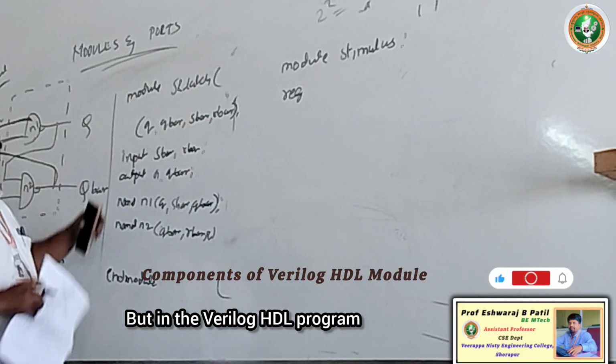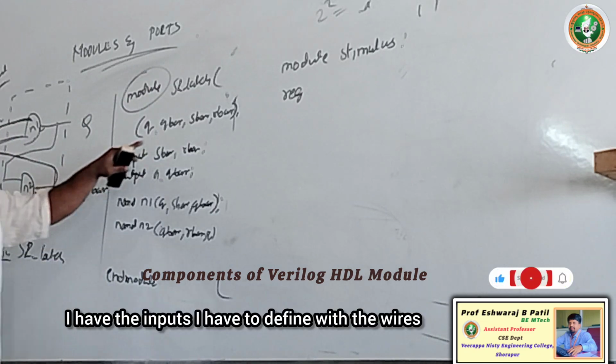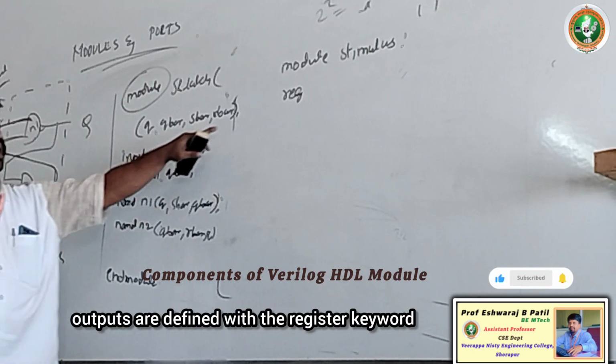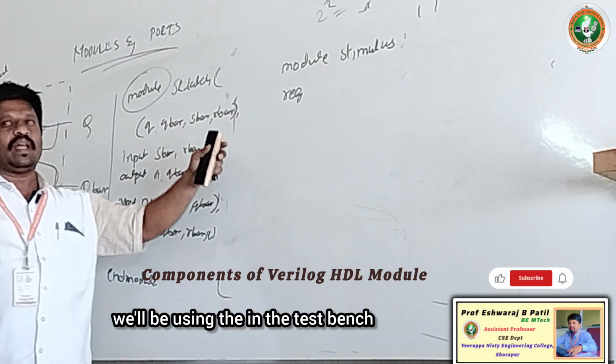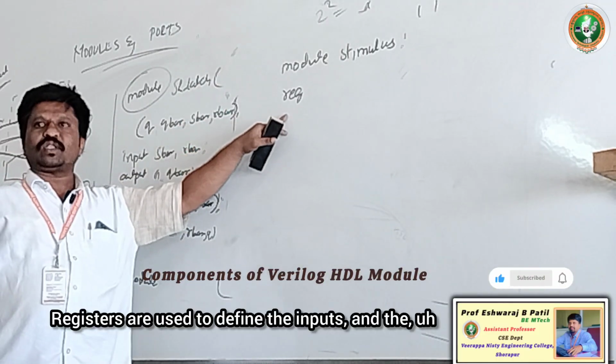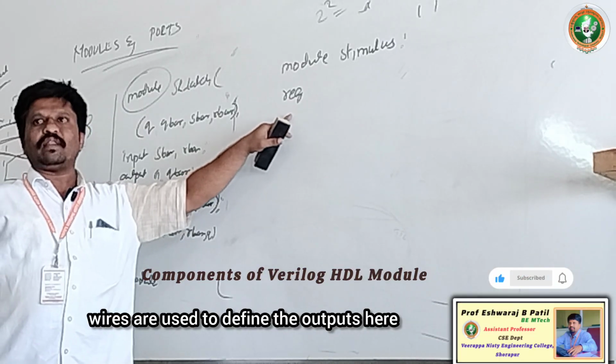In the Verilog HDL program for any other model, inputs are defined with wires and outputs with the reg keyword. But exactly opposite to this, in the test bench registers are used to define the inputs, and wires are used to define the outputs here.